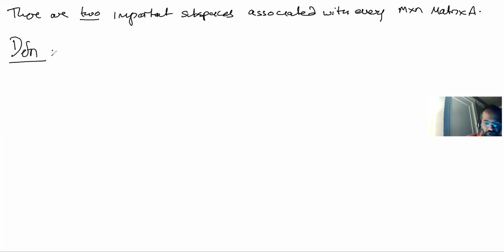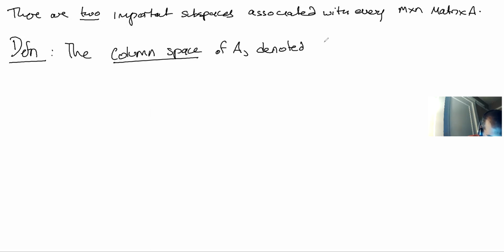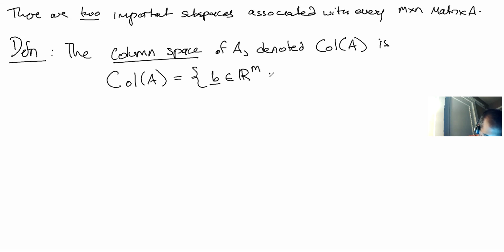The first one is called the column space, denoted Col A. Col A is the set of vectors b in Rm such that Ax equals b is consistent.